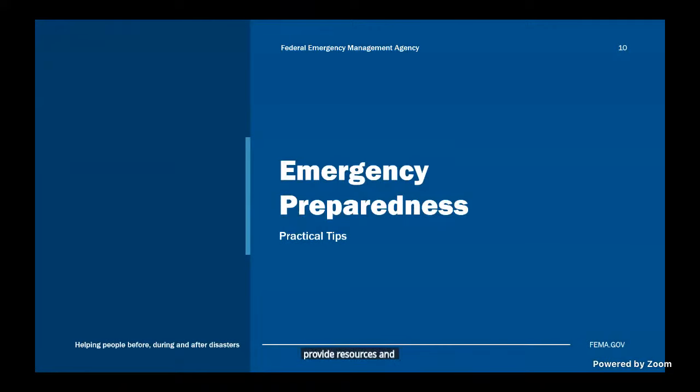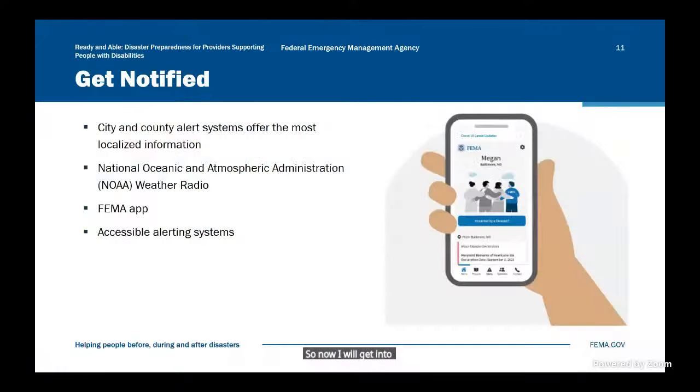So now I'll get into emergency preparedness for caregivers and providers, and these are the practical tips. The first one, I think, is the most important, and it's also the easiest for people to do, so that's also really convenient.